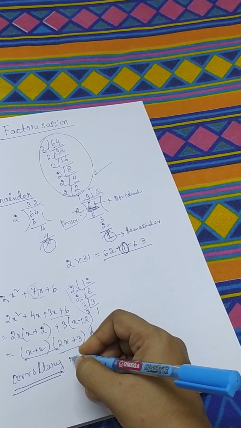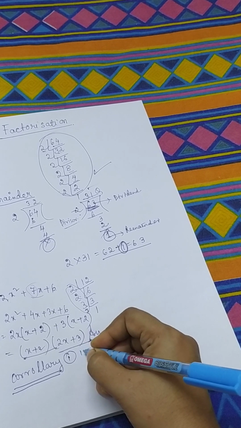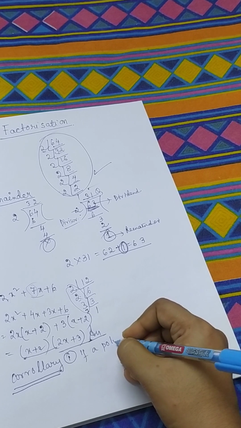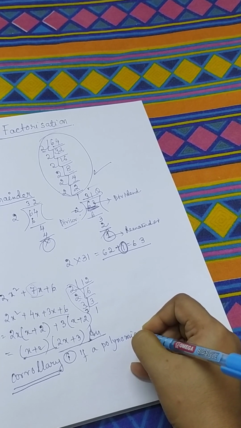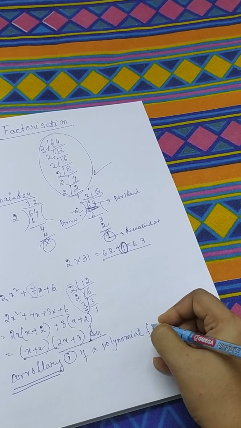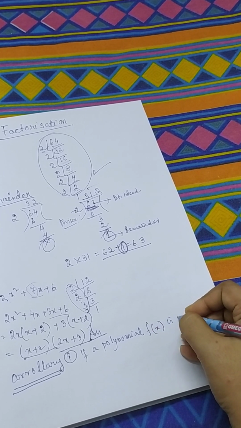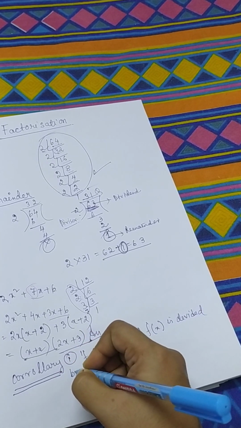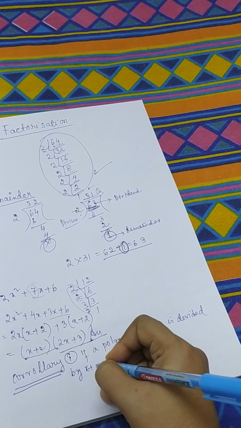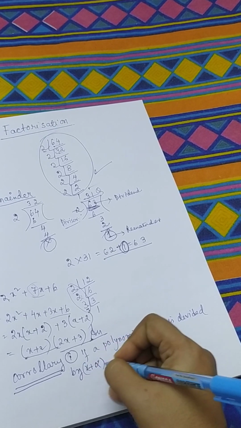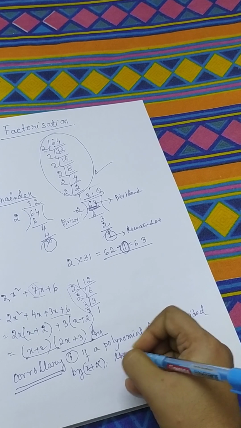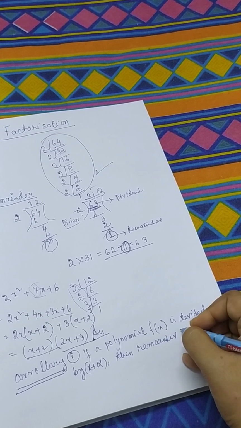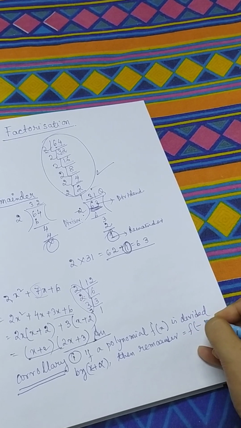The first corollary is: if a polynomial f(x) is divided by x plus alpha, then the remainder is f(minus alpha).